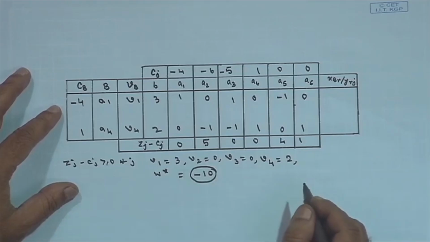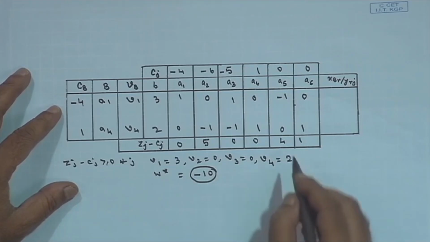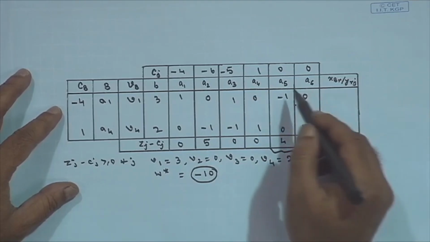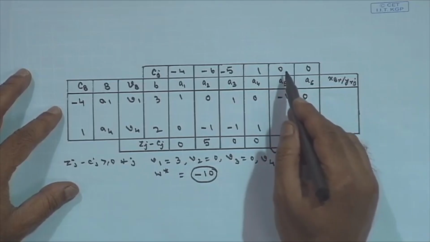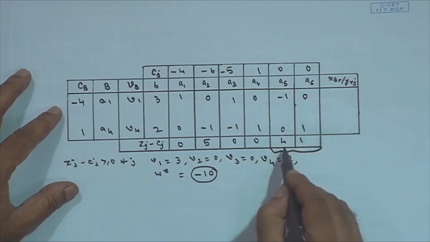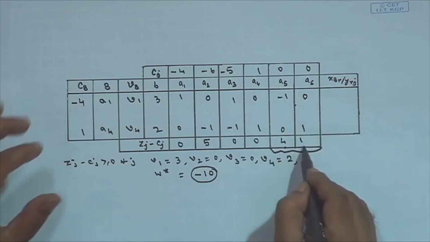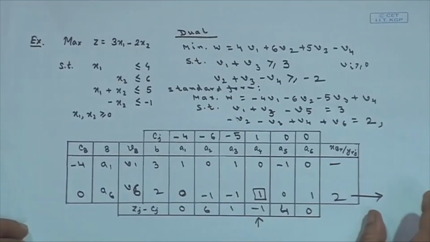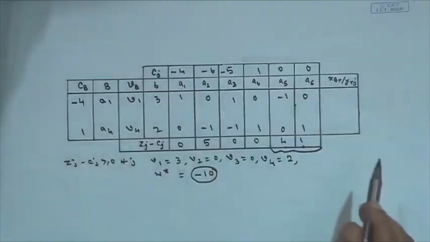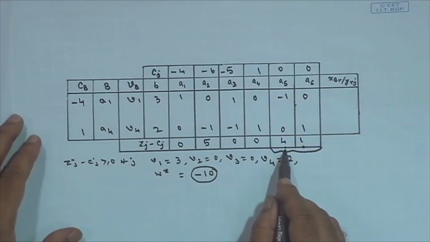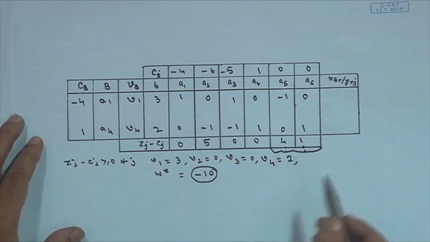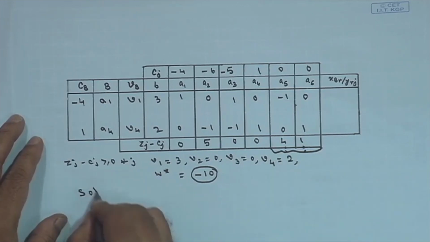If I want to find out the solution of the primal problem, then you take the last two columns here, because the first one will correspond to the variable x1 and the second one will correspond to the variable x2. Here there were only two variables, therefore the first one will correspond to the first variable and the second one to the second variable.